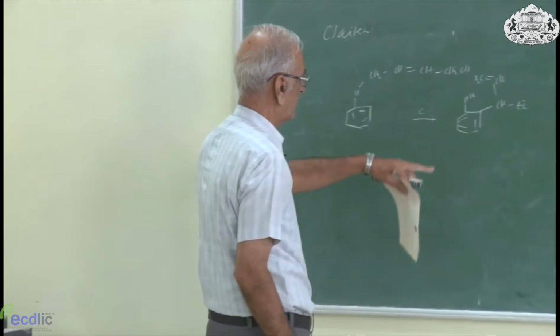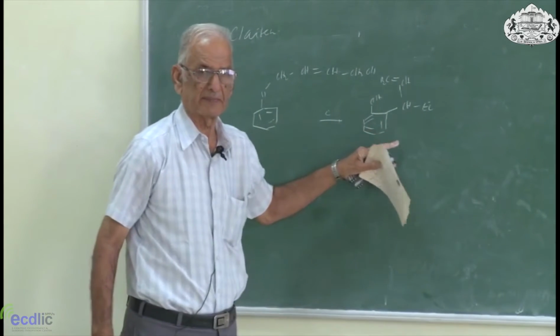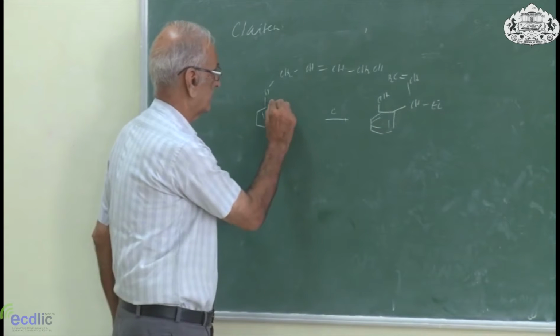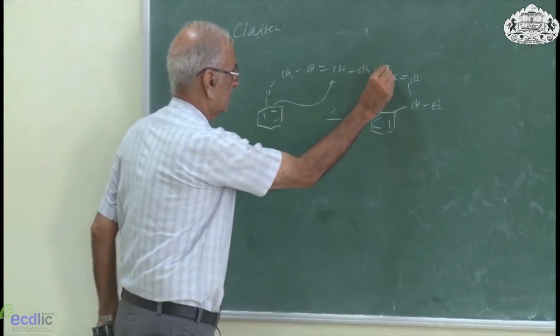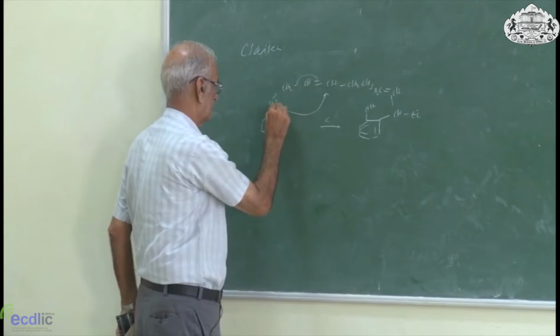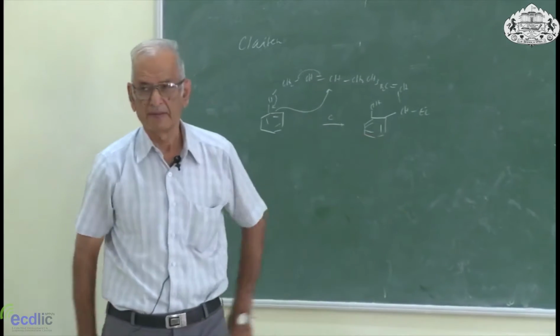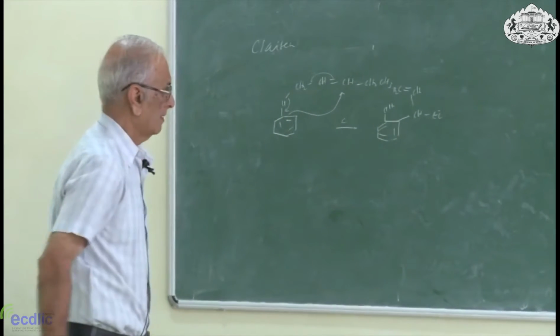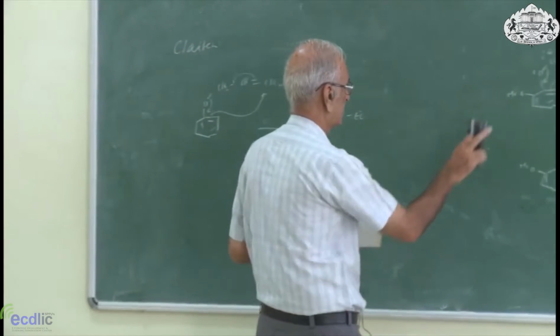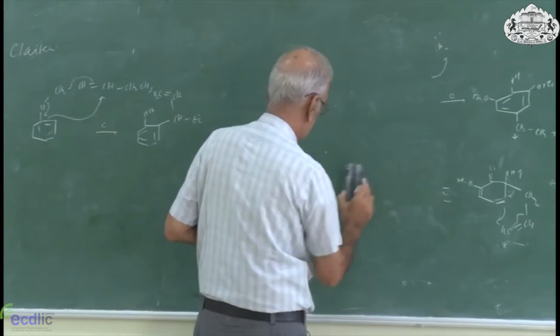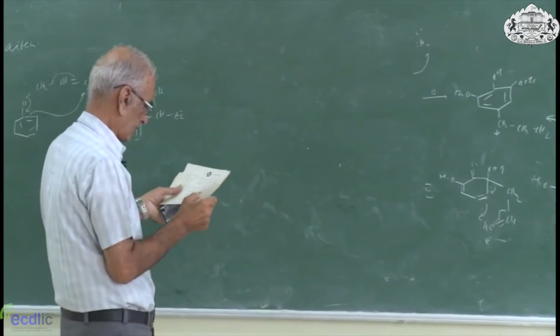This is the expected product of the Claisen rearrangement. But there is a second product, and that is the product which we are now trying to explain.